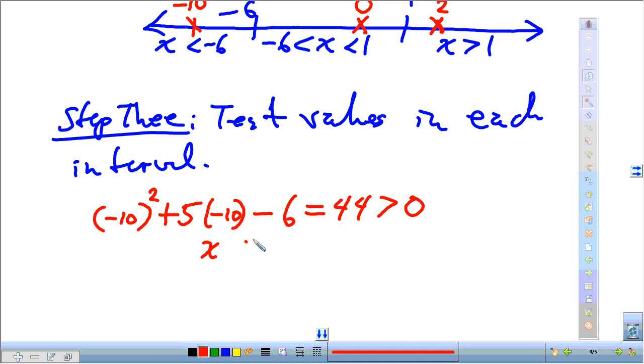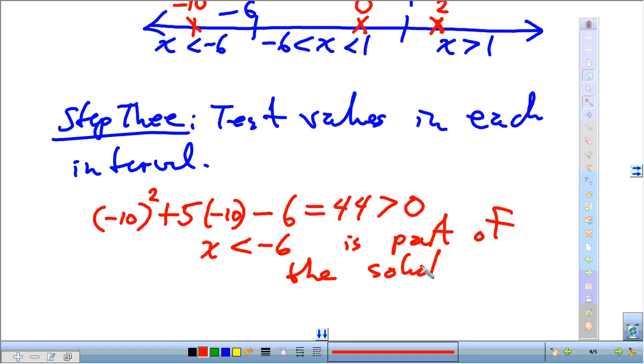When is this positive? So we determined that that entire interval containing minus 10 solves that inequality bigger than 0. So we just needed one test value.